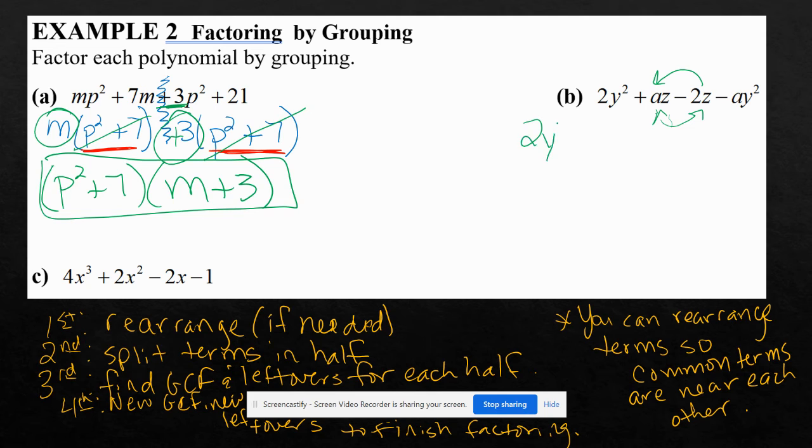Let's rewrite it as 2y squared minus 2z plus az minus ay squared. Well, that's closer. I think I need my y squared to come before my az. So let's try one more time.